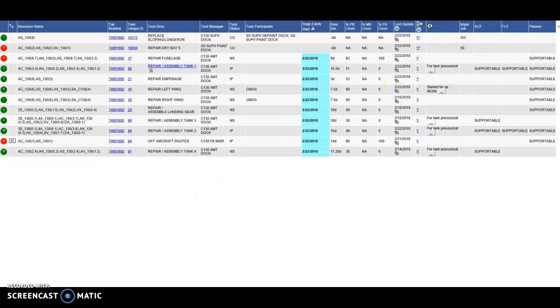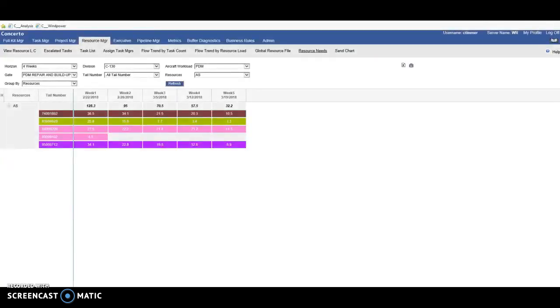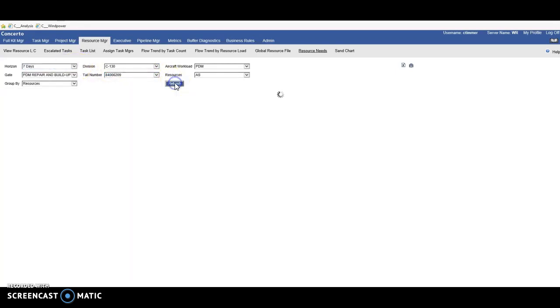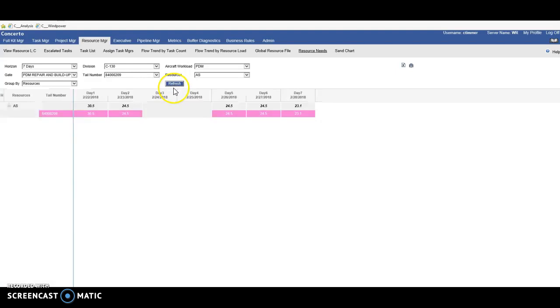So let's go ahead and close this, and you can slice and dice this data quite a few different ways. This is one way to do it. This also may be helpful even at the individual tail number. If I'm looking at, say, 209, and I want to go out instead of weeks, I just want to look at what's the load I need today or tomorrow. If I'm loading this aircraft, I need 30 sheet metal mechanics.